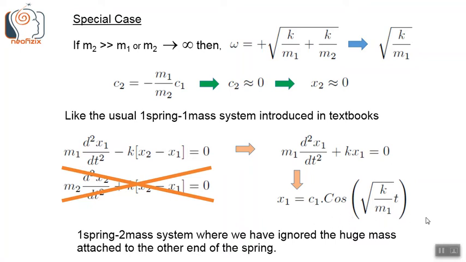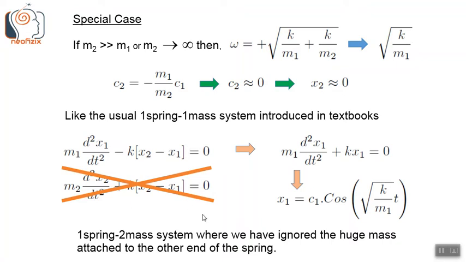This is actually a special case of the one spring two mass system where we have ignored the huge mass attached to the other end of the spring. That is, we have ignored m2, the equation associated with m2, and also we have ignored the variable x2 associated with m2.